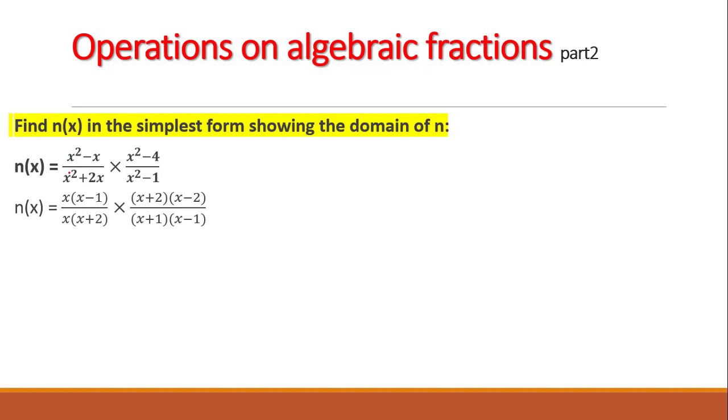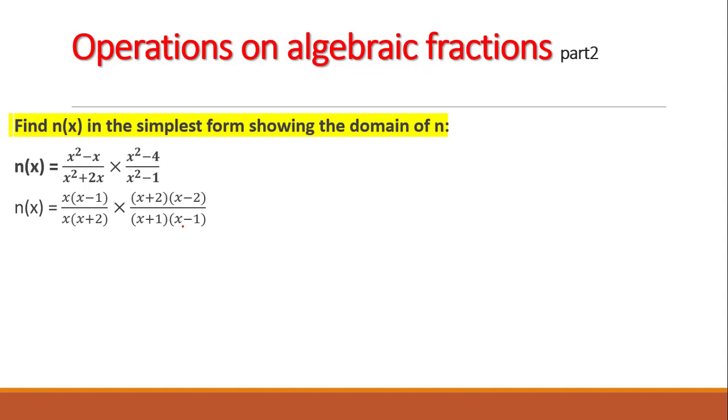Here I'll take x as a common factor, so the remainder will be x minus 1. Here I'll take x also as a common factor, it will be x plus 2. Here is a difference between two squares: x power 2 minus 4 will be x plus 2 multiplied by x minus 2. And here also a difference between two squares: x plus 1 multiplied by x minus 1.